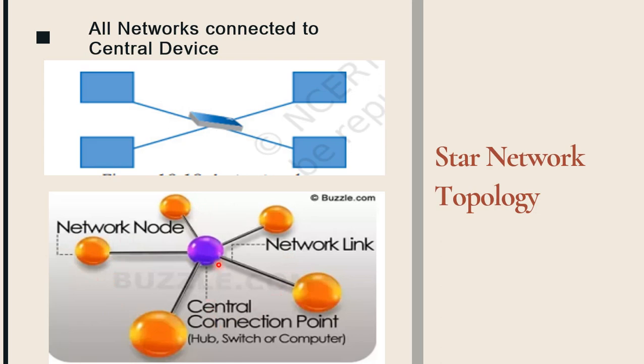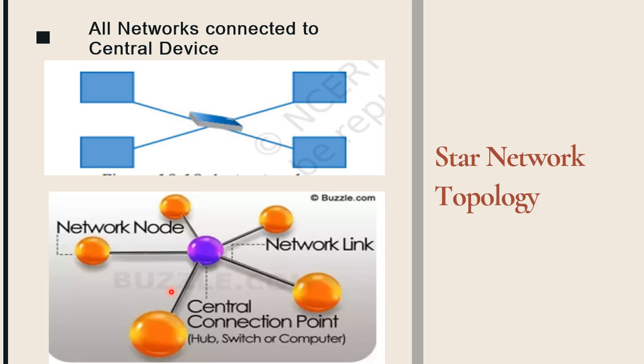So in this star network topology, the important thing we should remember is that the central hub is very important for the connectivity of all other nodes. Due to its centralized nature, the topology offers simplicity of operation. It also achieves isolation of each device in the network. It means we can separate out all these devices from the central point, so each device in the network can be isolated at any moment.